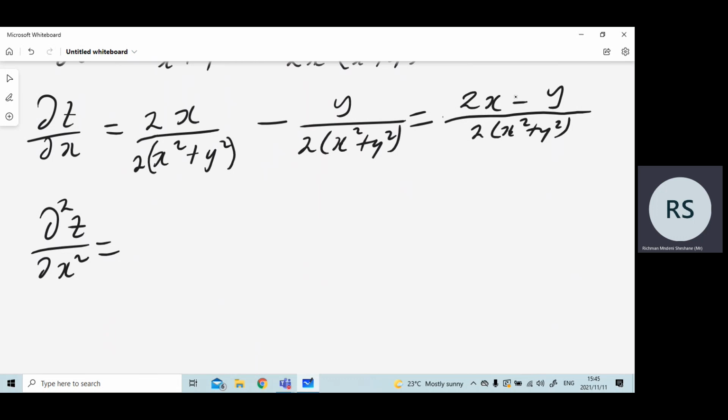Following the quotient rule, the derivative of the numerator with respect to x is 2, because the derivative of the second term is 0; y is a constant, so its derivative is 0.